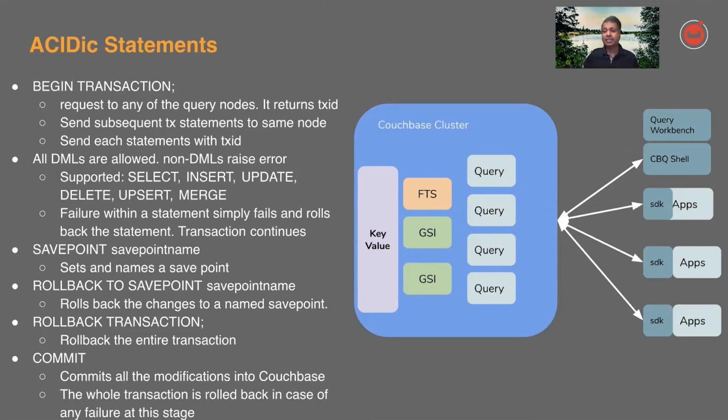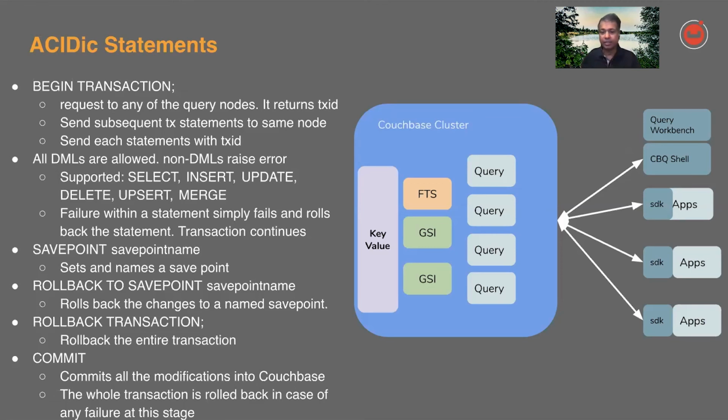Then it's the requirement of the SDK or the tool to send all the subsequent statements for the transaction to the exact same query node. And when it sends the statement, it also has to send the transaction ID as a parameter to the statement.